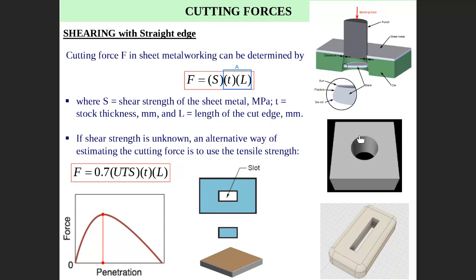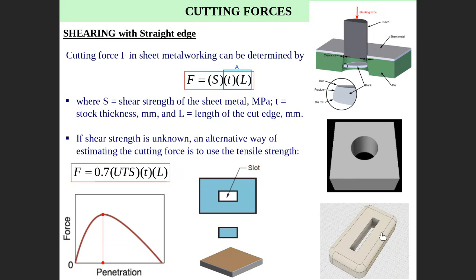L equals 2πR or πD, the perimeter, multiplied by T. If we're cutting something not circular, like this or this, it is the same: the punch cuts through the thickness, so T multiplied by L, where L is the length of the cut. So shear area equals L multiplied by T, where L is the sum of all the sides, which is the perimeter.